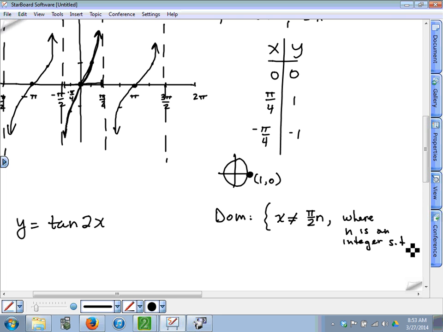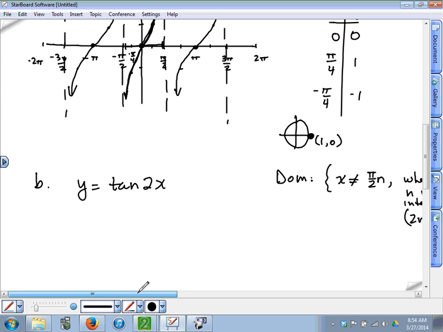An integer such that it equals 2n plus 1. This is getting more into a calculus type discussion. I'm certainly not going to expect you to do this here, but 2n plus 1 is going to generate odd integers. And that's what we want, odd multiples of pi halves. That's a good discussion for a later time.